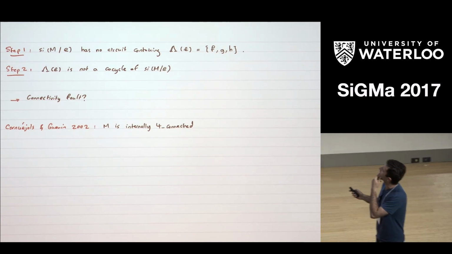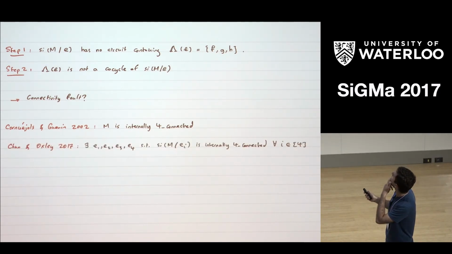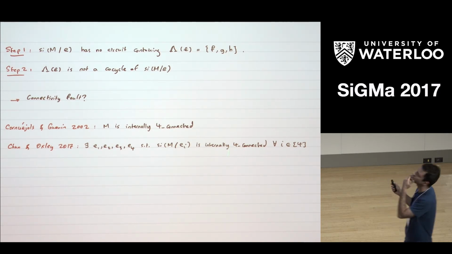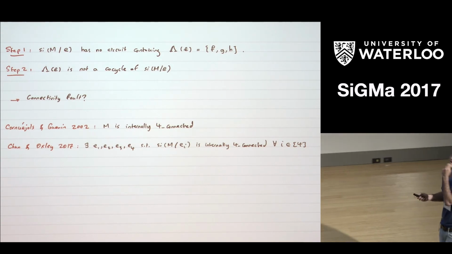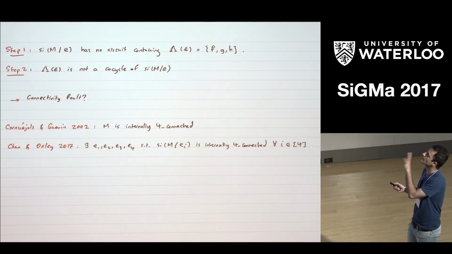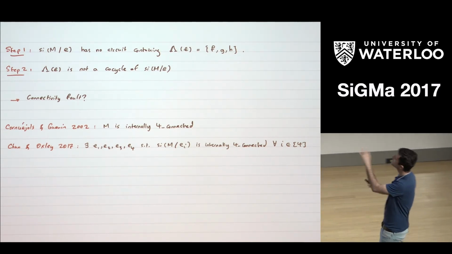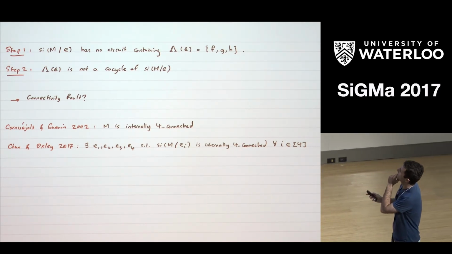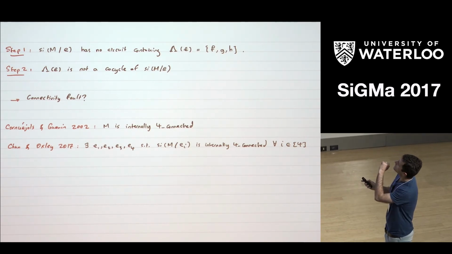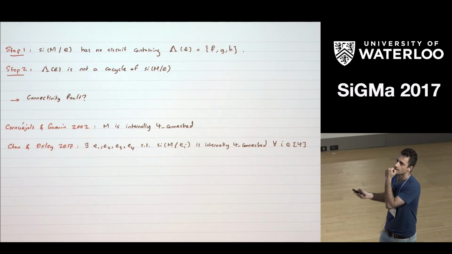And Caroline and James proved that you can always find 4 elements, E1, E2, E3, E4, so that after you contract any of those and simplify, you still remain internally 4-connected. This is true for internally 4-connected matroids where every element is in exactly 3 triangles. So they proved this nice result. And you put those 2 together and you get that you don't really have a connectivity fault.